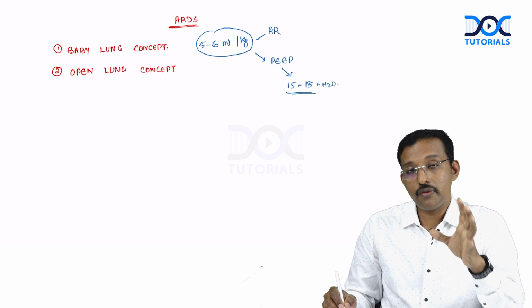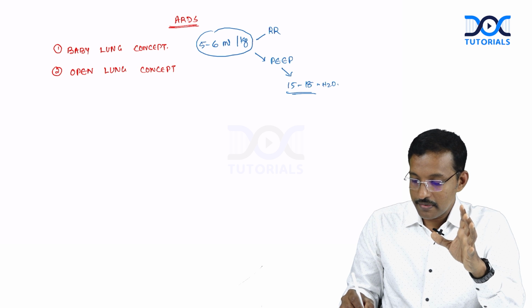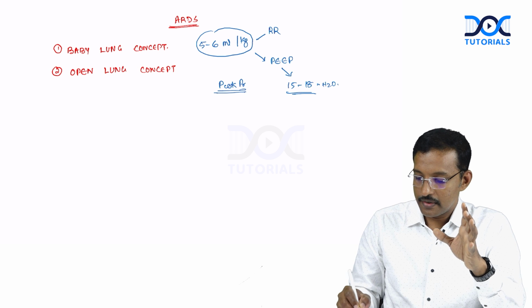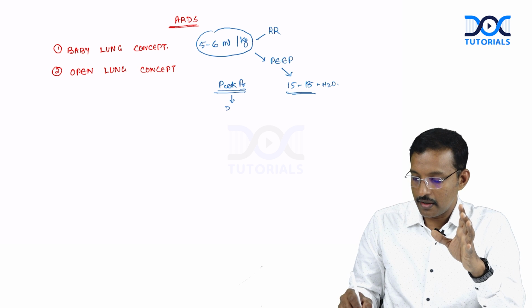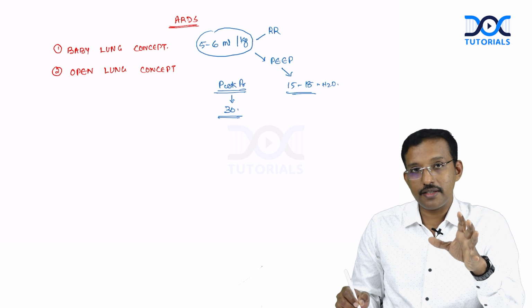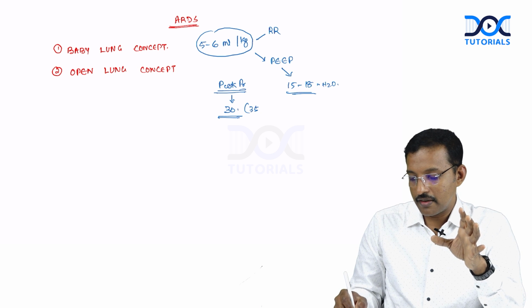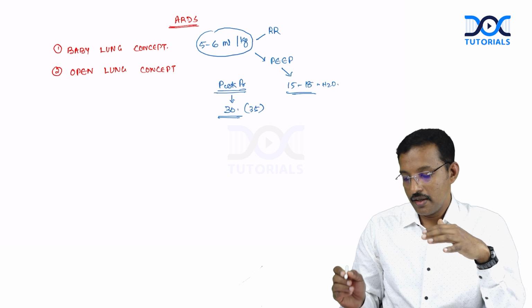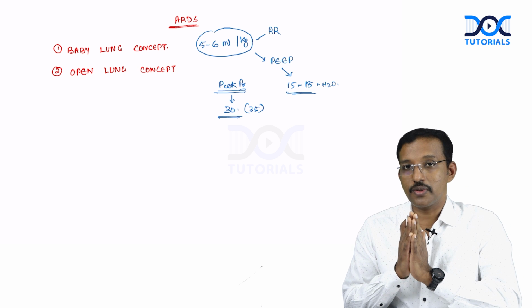But whatever said and done, it should always be monitored that the peak pressures of the system should not go beyond 30, a safe margin, or some books give it as even 35. So peak pressure has to be kept limited to 30. This is one concept which you should keep.